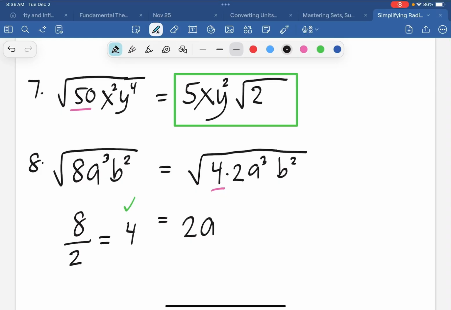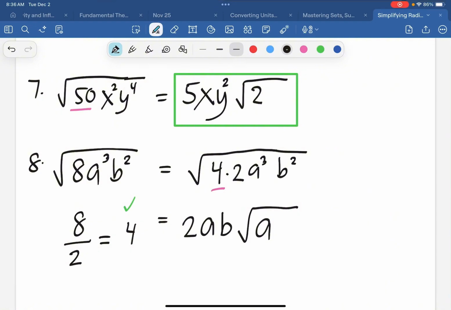And again, 3 divided by 2 has a remainder of 1, which means a raised to 1, or invisible 1, remains inside. And here, b squared, 2 divided by 2 is 1. So that means it's a whole number, so we get to extract b outside as well.